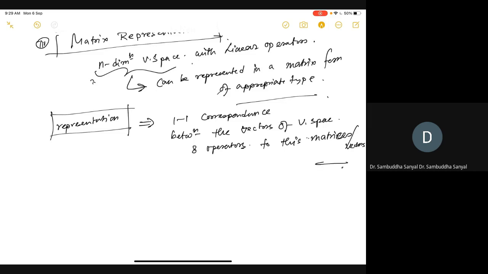So every relation or every element has a unique partner. So that is the meaning of representation.